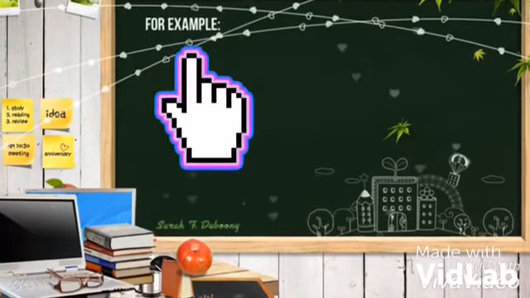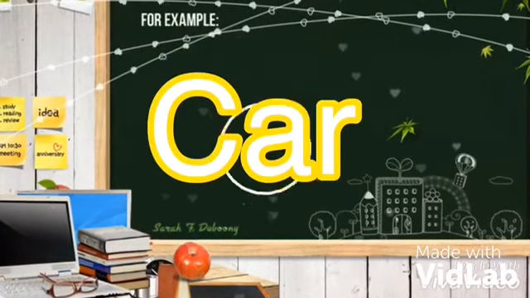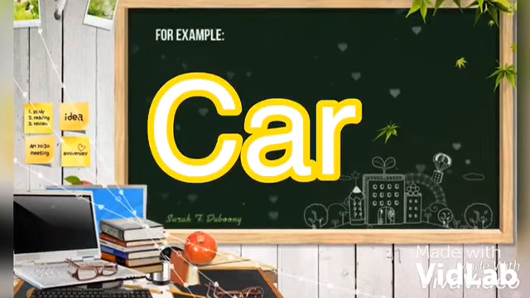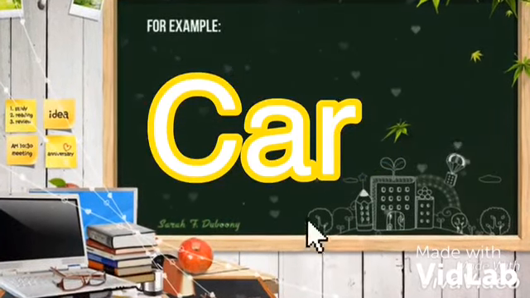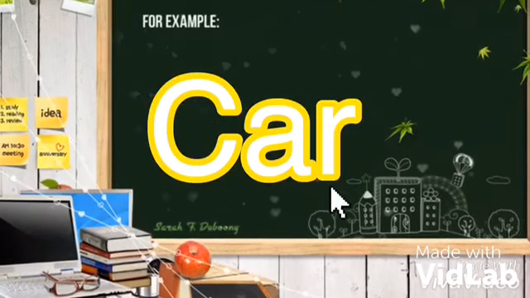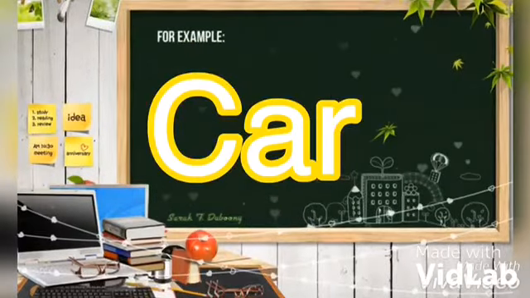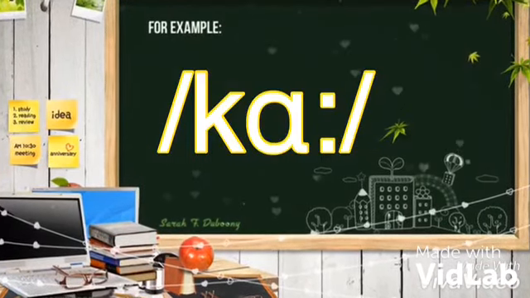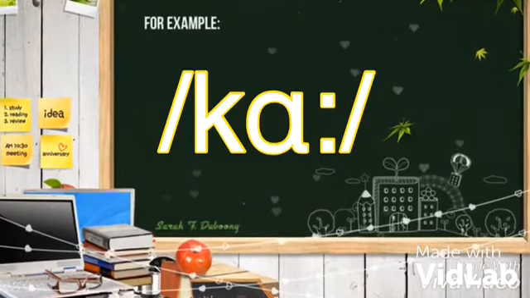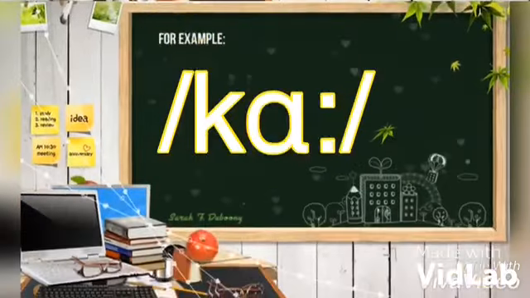Another example is the word car. It's written by 3 alphabetic letters C, A, R, while it is pronounced by only 2 phonemes: car, car, K, A, and the R is not pronounced.